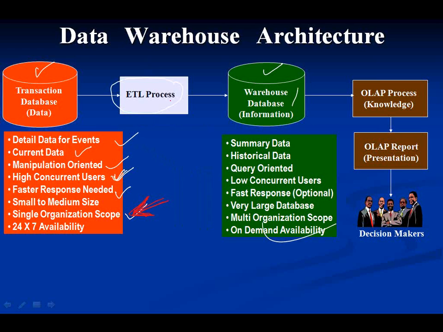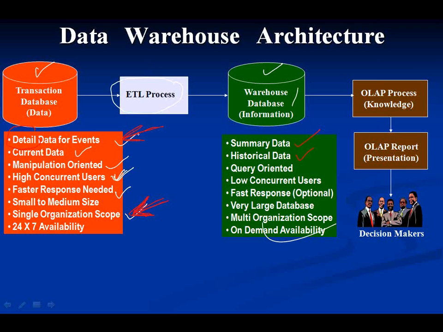So when you compare this with a warehouse, a warehouse is normally planned for historical storage of data, and data is summarized here. In a transactional system, the information is kept in detail. At what level are the details kept?